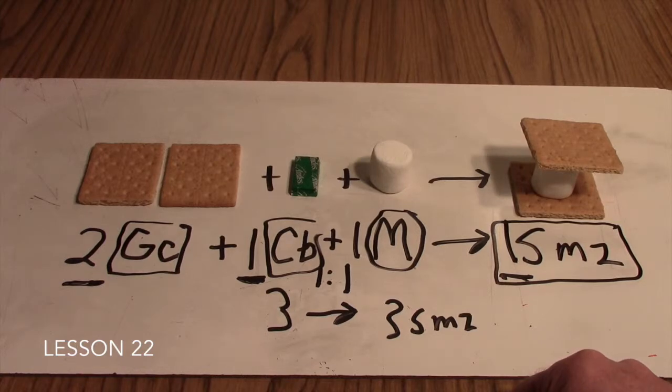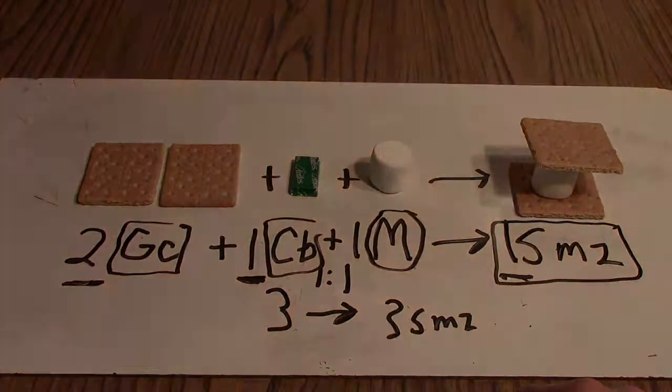And then you can move into the text portion of the lesson together there. So this is the s'mores activity which introduces stoichiometry to your students in Lesson 22. Enjoy your time with your students.